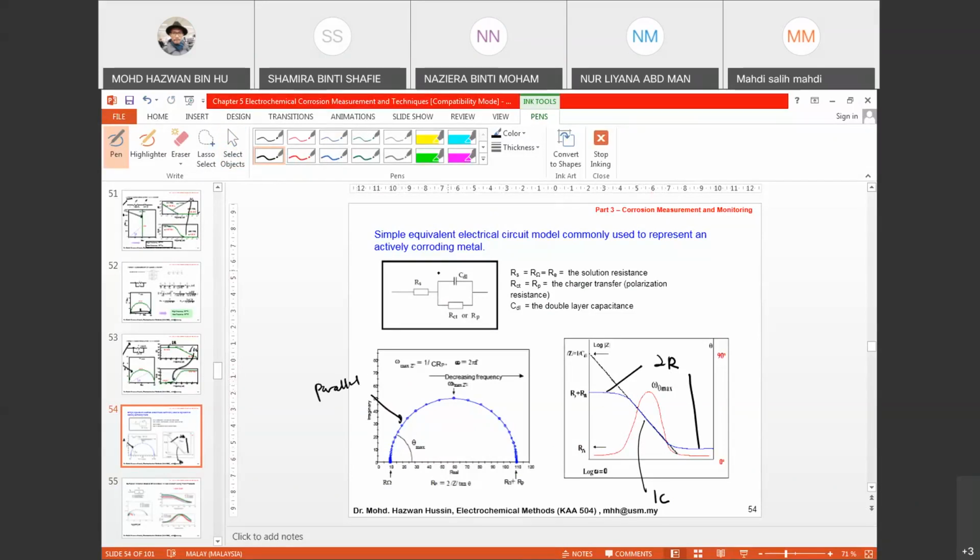So that is why over here I will put a parallel design. And this one has Rs because it does not start from the origin. It starts somewhere after that, and the diameter is equal to Rct.